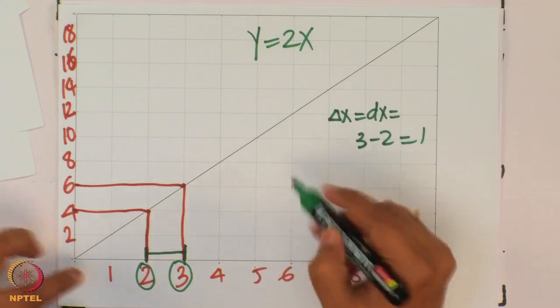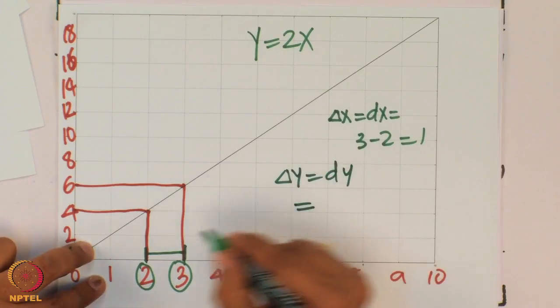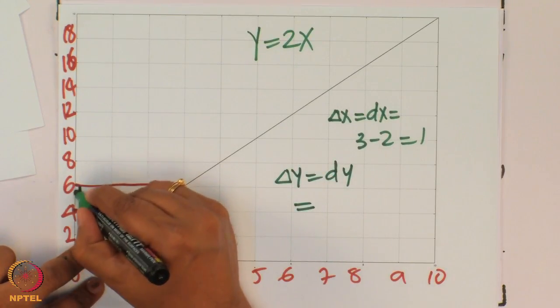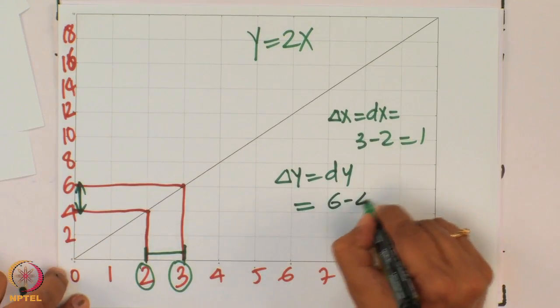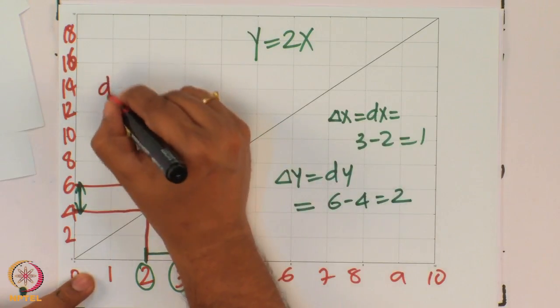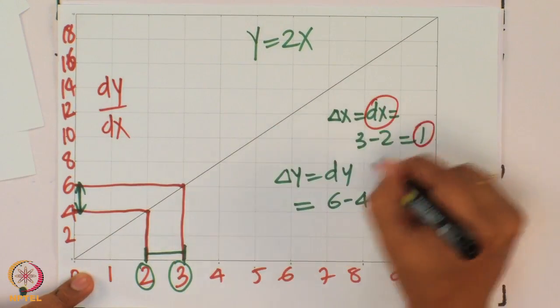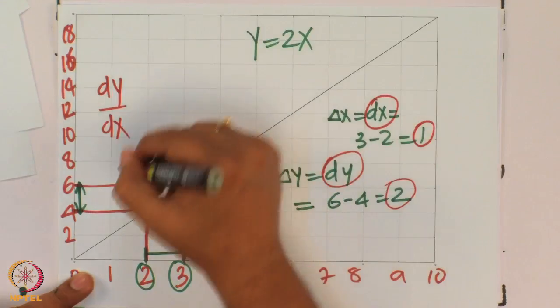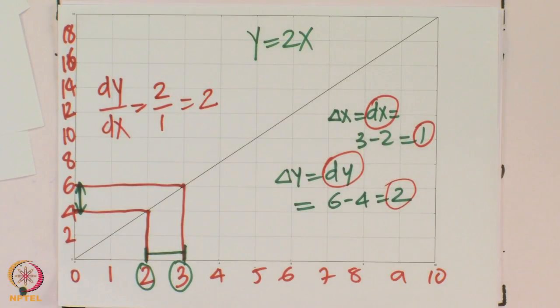So delta y or dy is 6 minus 4, which is 2. Then delta y by delta x or dy by dx: dx is 1, dy is 2, dy by dx is 2 by 1, which is 2. So the derivative of this is 2, that's what we saw.